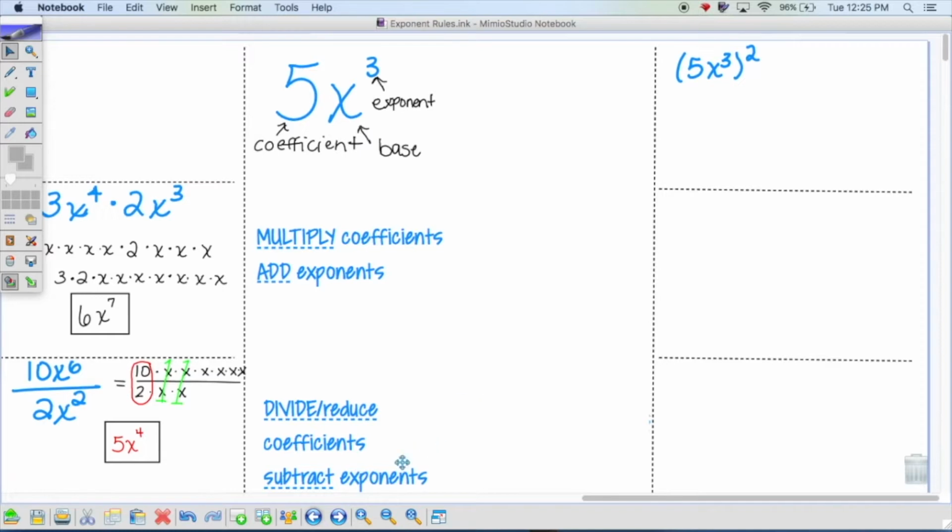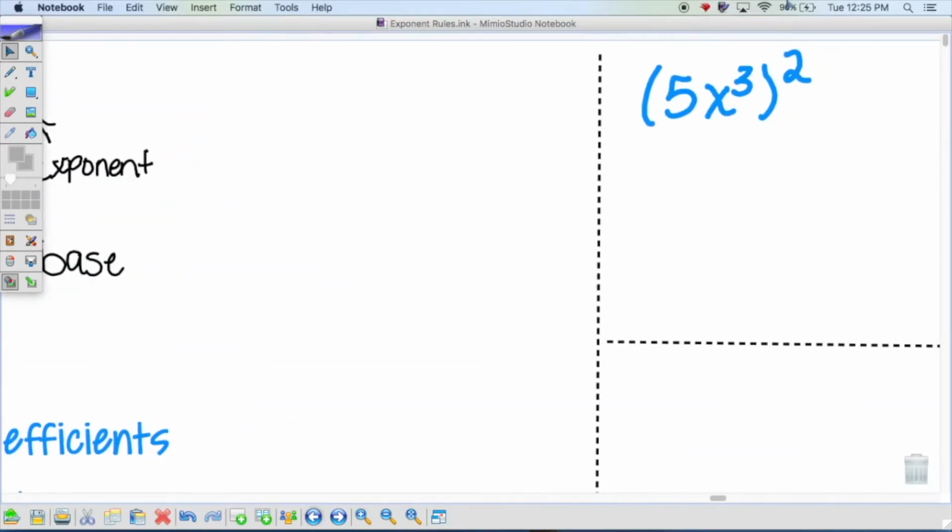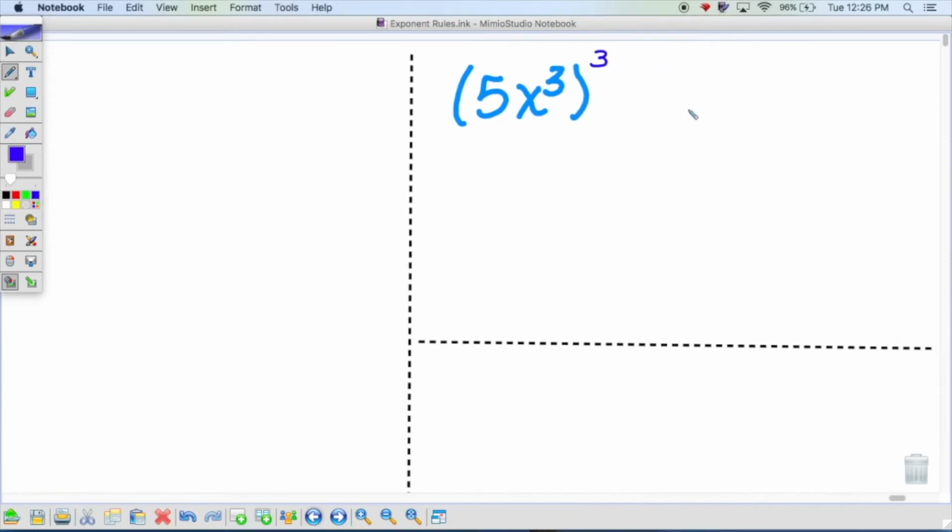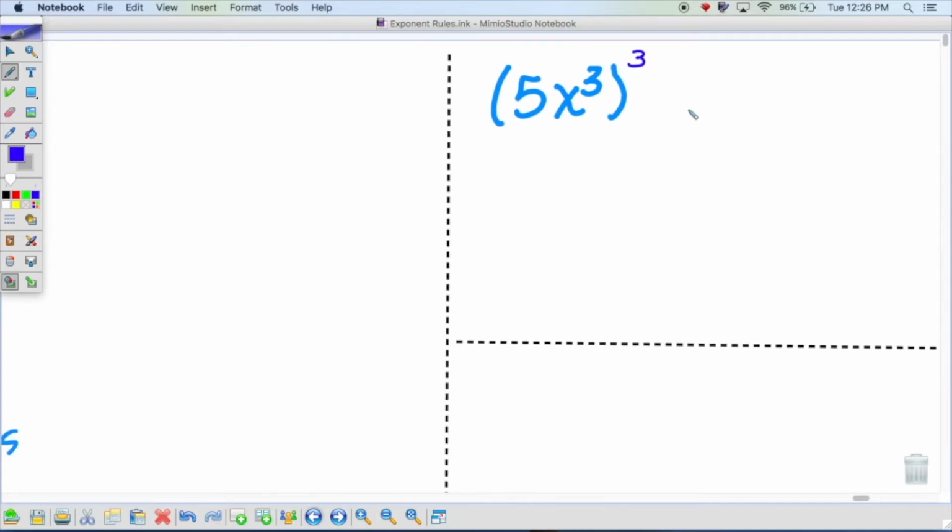Let's rewrite that on the inside, and I'm going to change this to a 3. See if you can think about what I would get for this right here. What would you guess the answer would be if I simplify 5x to the third power to the third power?